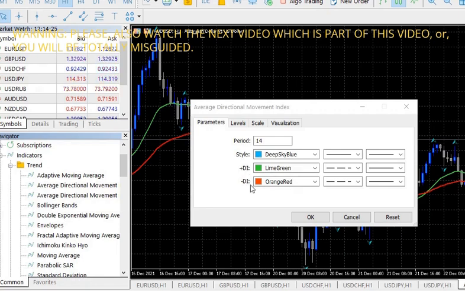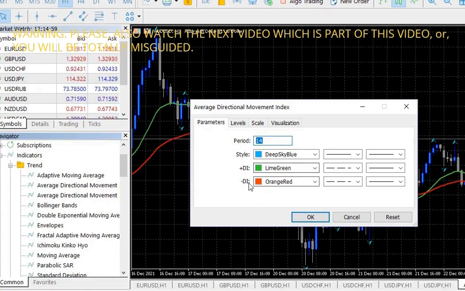The first one, the main line, indicates the direction or trend strength of the trade, that is how strong a trade is. The DI plus or positive DI indicates the bullish trend of the market, and the DI minus or negative DI indicates the bearish trend of the market.